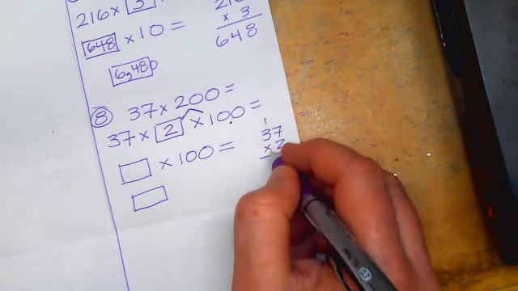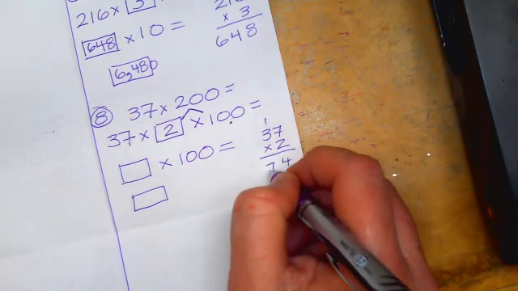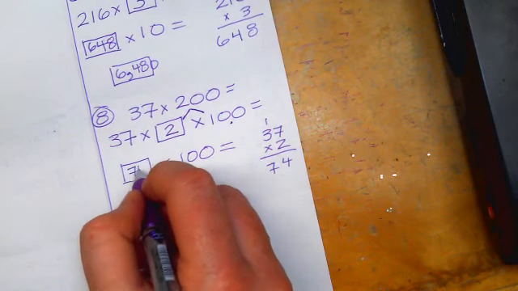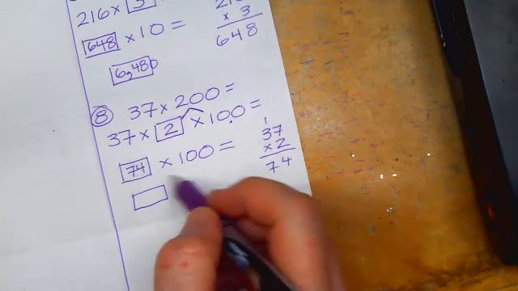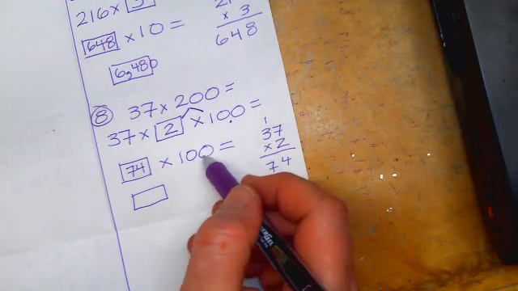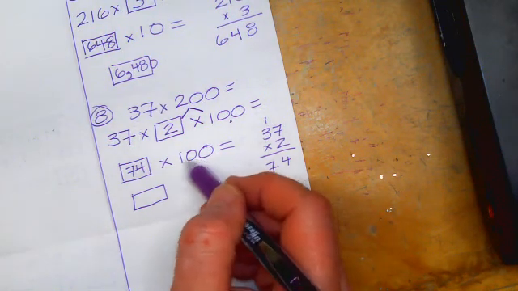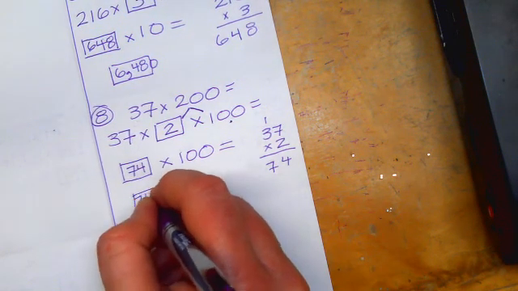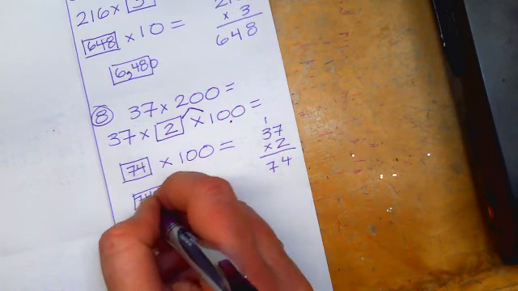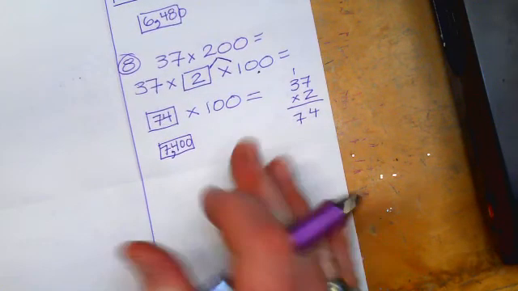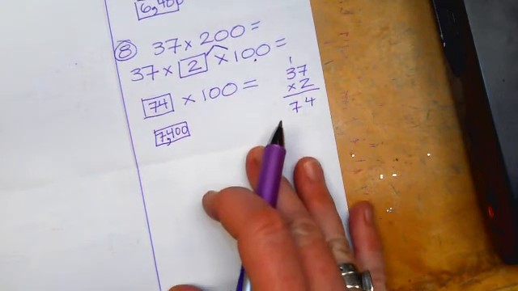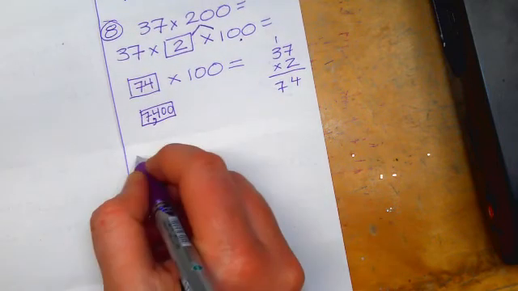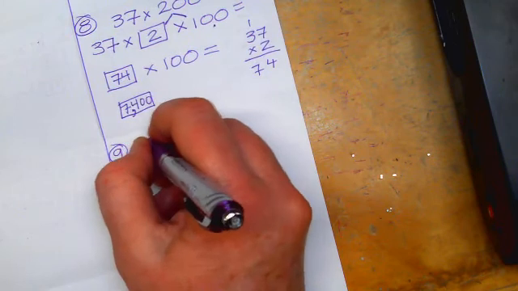Now we're going to take 37 times 2, which looks like this. 74. And now we have to take 74 times 100. That's pretty easy because we know we're just going to end up with 2 zeros on the end. It's going to be 7,400, right? When we multiply them together.